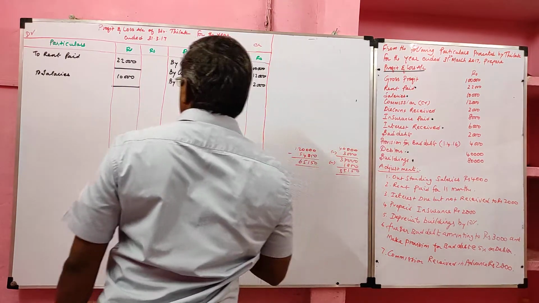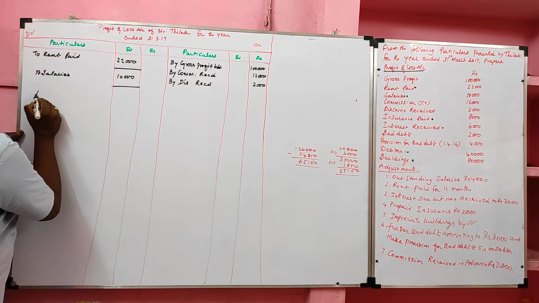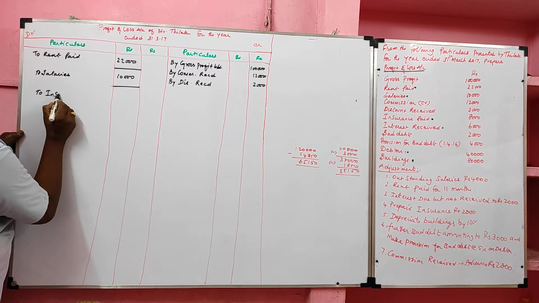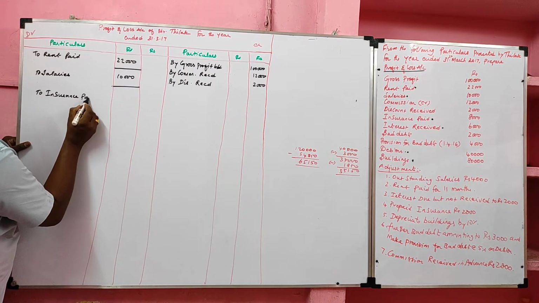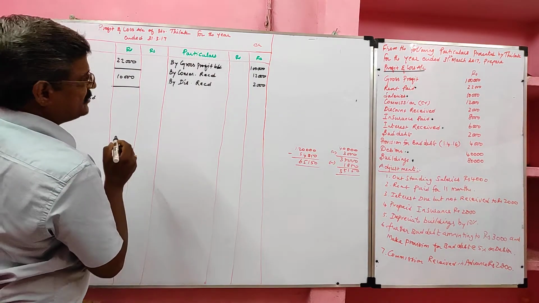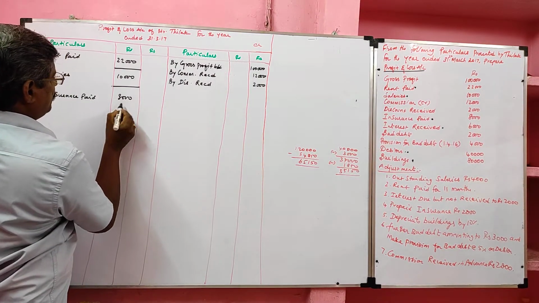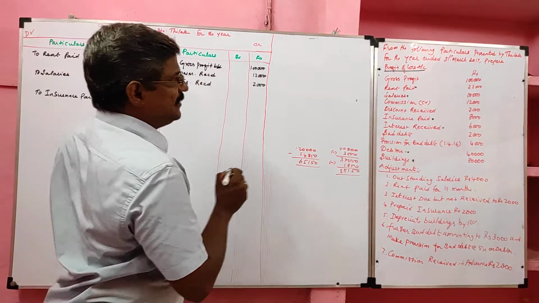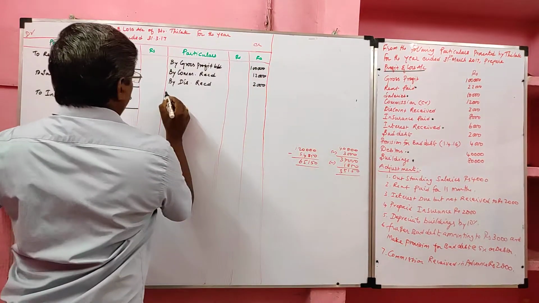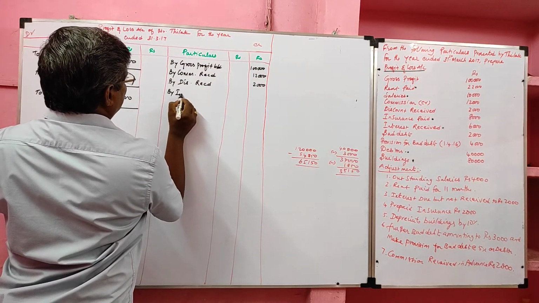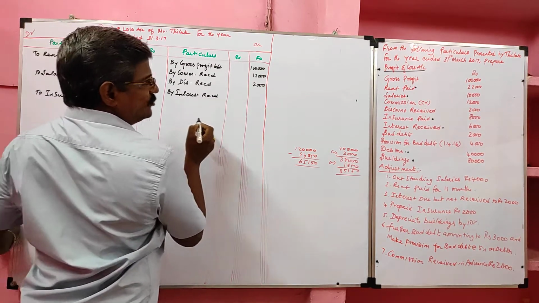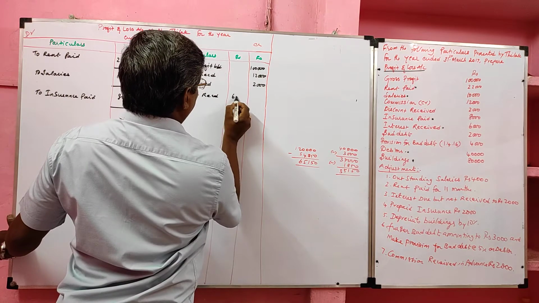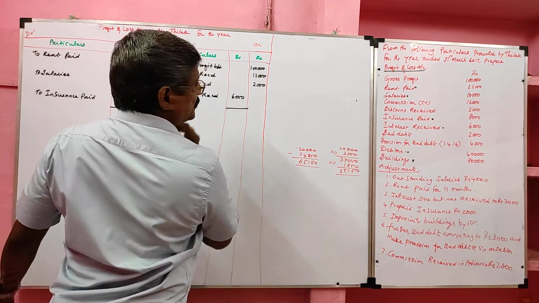Then insurance paid debited to the profit and loss account. To insurance. Insurance paid, it is an indirect expense debited to the profit and loss account. We have adjustment. Interest received. We have adjustment for that. So we are going to write in the inner column in credit side of profit and loss account.